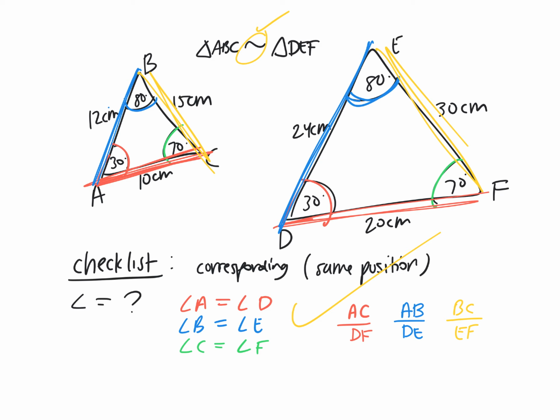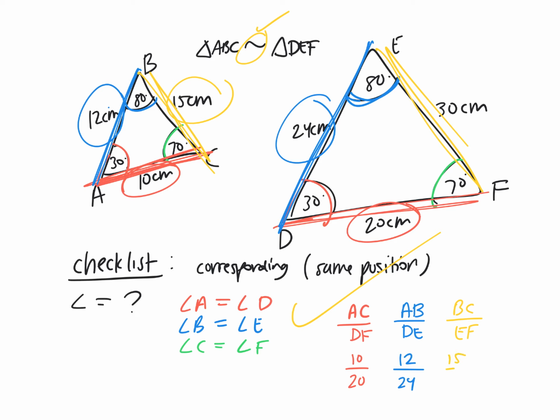Let's fill in the blanks now. What was the side length of AC? 10 over 20. What is AB? Was 12 over 24, and BC was 15 over 30. We need to prove that these are equal. If they're equal, it means they're proportional, right? Just by looking at this, do you think that this is showing a proportion? Let's calculate it.